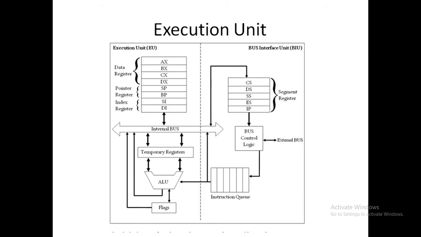Now the flag register. How many flags are in the 8085? That is 5. But here the flag register is a 16-bit register which behaves exactly like a flip-flop, meaning it changes status according to the result stored in the accumulator, that is either plus or minus or zero, parity, carry, auxiliary, sign, overflow.